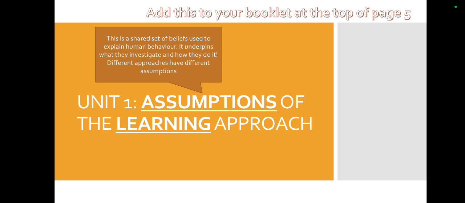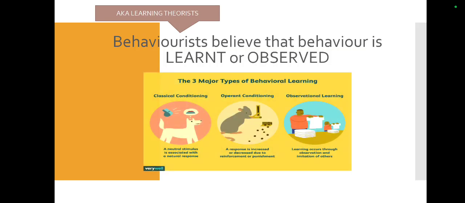For each of the different approaches, you've got to know a core set of assumptions that relate to the approaches. So our first approach, again, just to re-emphasise, is the learning approach. So we're going to go ahead and start filling in the key assumptions into our booklets. The learning approach is often called the behaviourist approach as well.